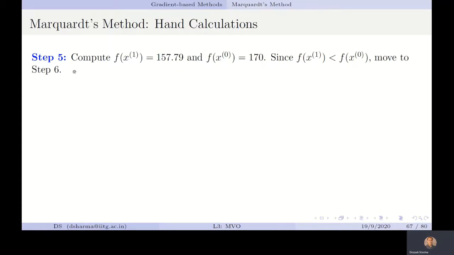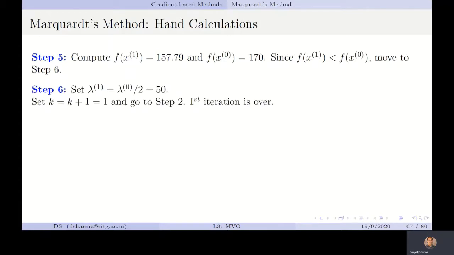So in that case, we should reduce the value of lambda. So in this case, lambda 1 will become lambda 0 divided by 2. So we reduce by 2, it will become 50. We set k equals k plus 1, and we go to step 2. And here iteration number 1 is over.